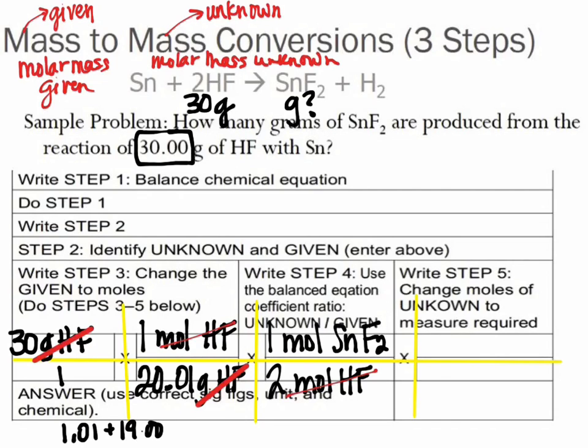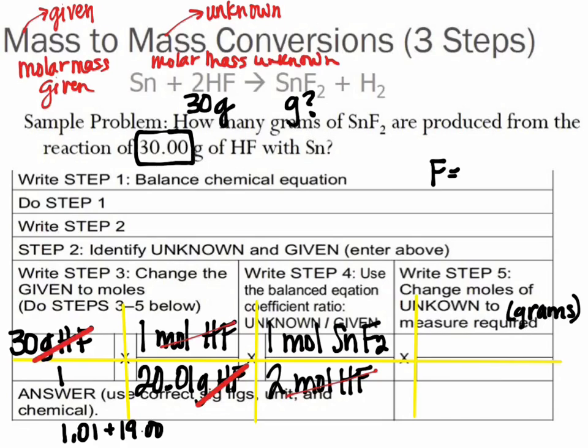Now I'm in moles of SnF2, and it says to change my moles of unknown to the measure required. Our measurement required is grams. So how am I going to go from moles to grams? Molar mass of SnF2.